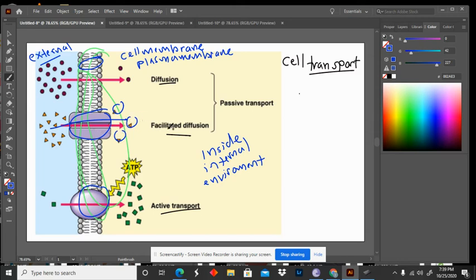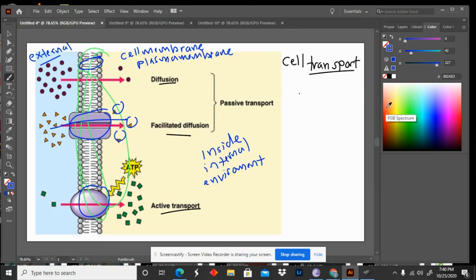The reason it's called facilitated diffusion, facile refers to easy. The cell's proteins make it easy for the substances to diffuse into the cell. So with a protein, it's facilitated diffusion. No protein, it just goes through, regular diffusion.